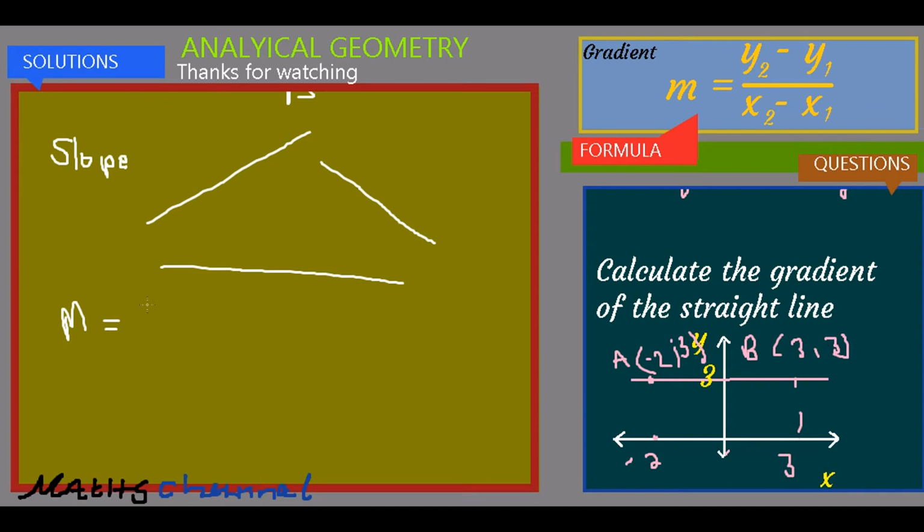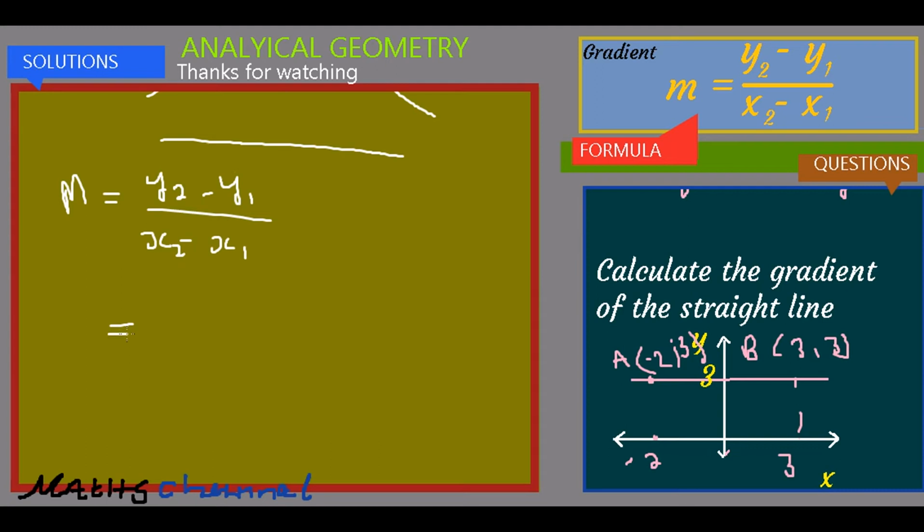Then let's use this point to find the gradient, to show that the gradient of a flat slope is 0. Let's take this one as our 2's, this is our 1's. So y2 is 3, y1 is also 3, and then x2 is -3.